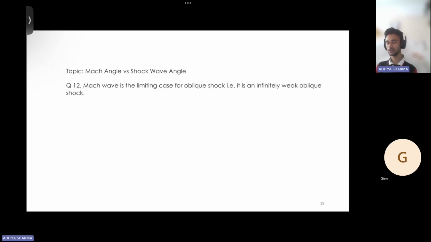Then there is this topic Mach angle versus shock wave angle. Okay. So the question says Mach wave is the limiting case for oblique shock. That is, it is an infinitely weak oblique shock. Please answer this.